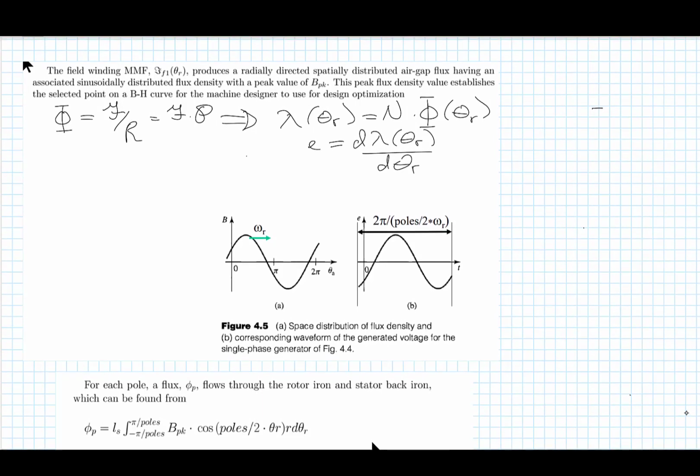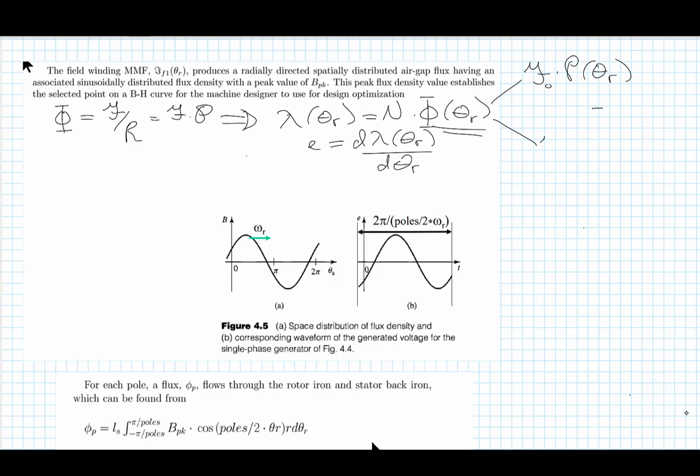Now, to get this position dependency, we would either have an MMF that is essentially uniform times a permeance that has a theta r dependency, and that's essentially the kinds of examples that we were talking about in Module 4 associated with Chapter 3.